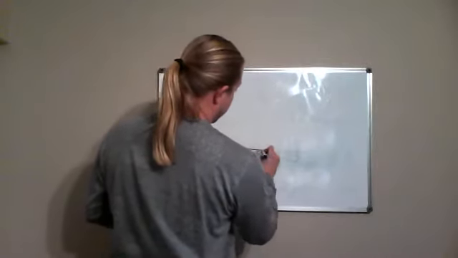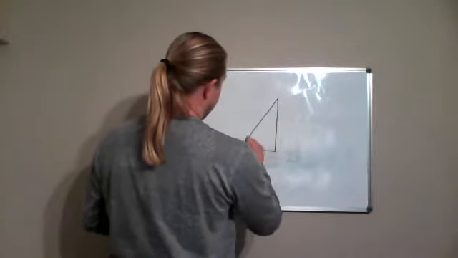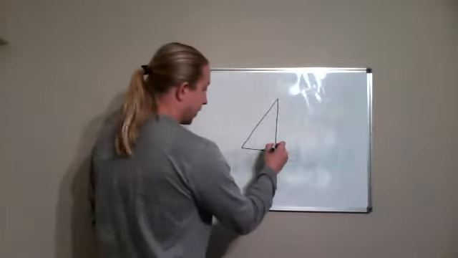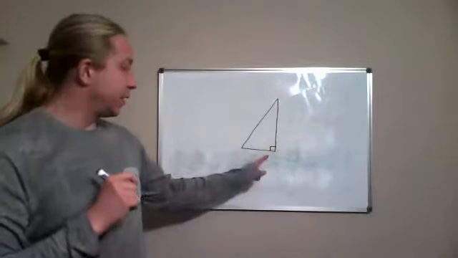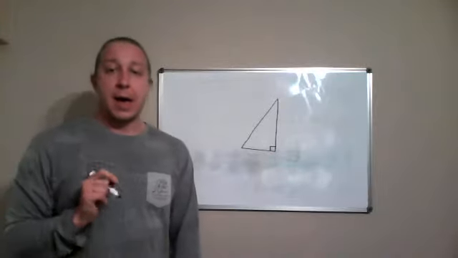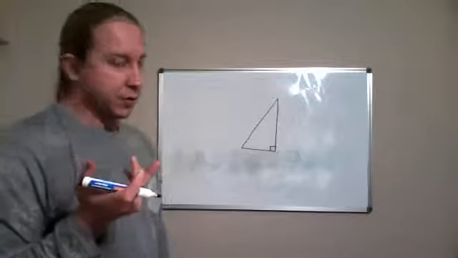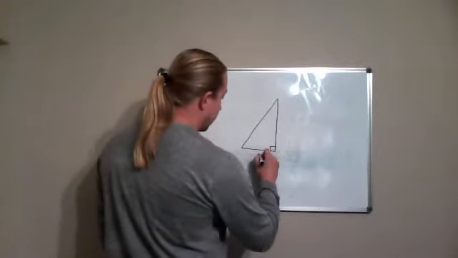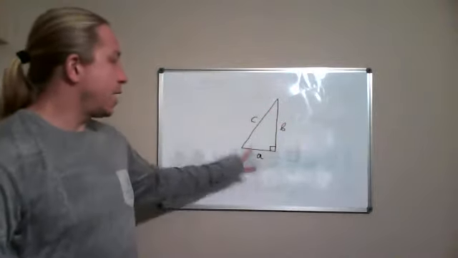So let's go like that, and like that. Here's our right-angled triangle. The right angle, remember, is denoted by this symbol over here. And let's give this triangle values. In the diagram they call it A, B, and C.